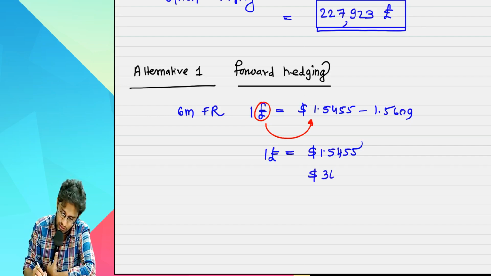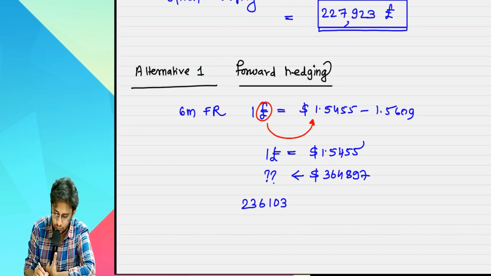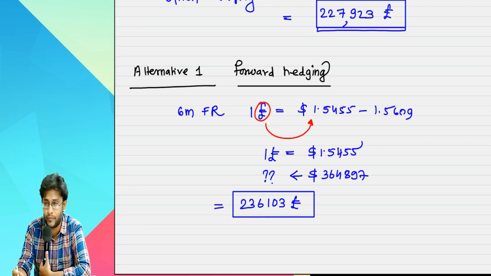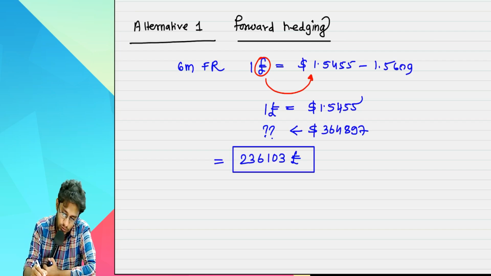How many? 364. 2 lakh 30. So still options hedging is looking better. Of course, one more fellow is there that will not be selected.